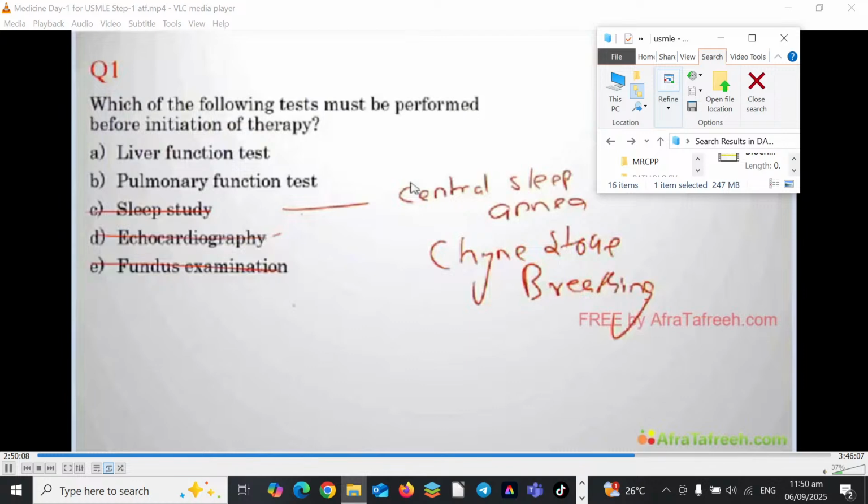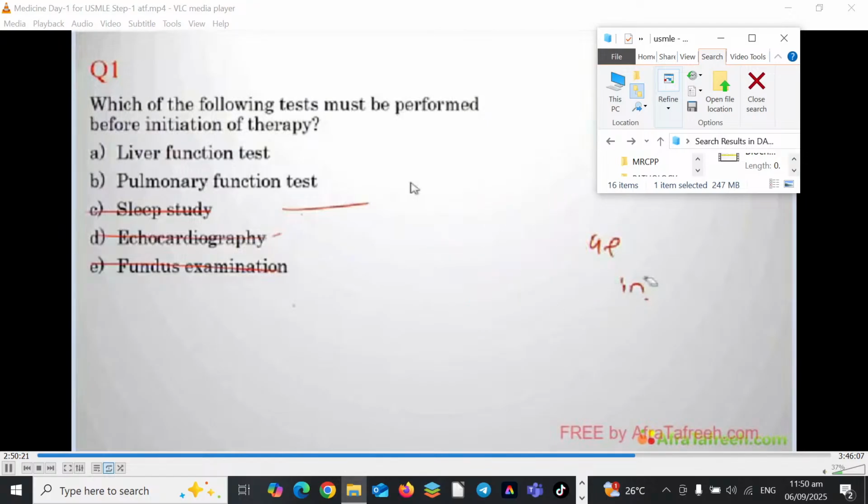Now you have two options left: pulmonary function testing and liver function test. Of these two, amiodarone is known to cause complications in both. It can lead to transaminitis, but hepatitis or fulminant liver failure is not a known complication of amiodarone.